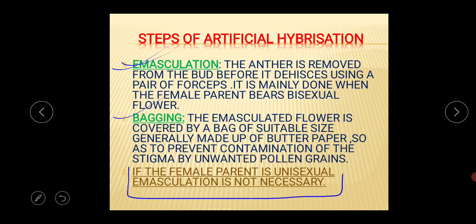Why is emasculation not necessary? If the female parent is unisexual, it bears only one reproductive system, either male or female, so in that plant emasculation is not required. These are the two steps which belong to the artificial hybridization process.